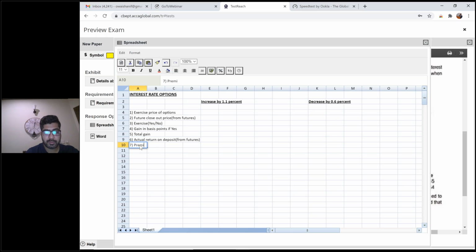Finally, premium payable. You get the net cost or net return. And finally, the effective interest rate.